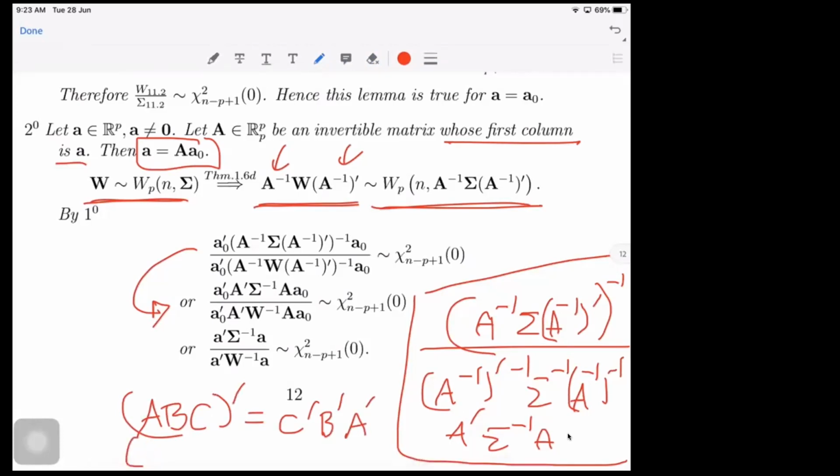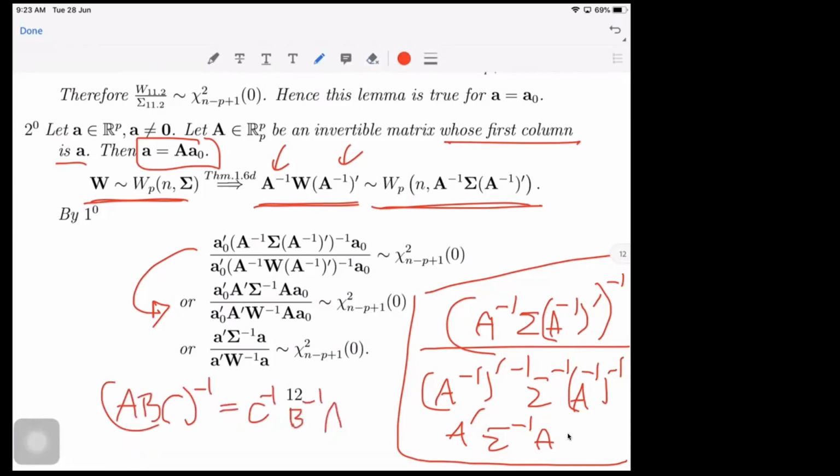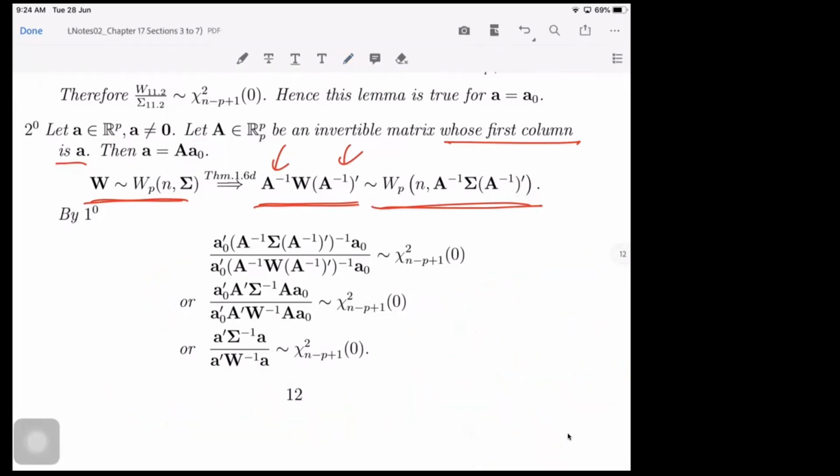Say A, B. A, B, C inverse. Is this true? Do you have results for that? Or do I have assumptions for that before we can do that? What are properties of inverses? Inverse of our product, ma'am. Mura siya inani.